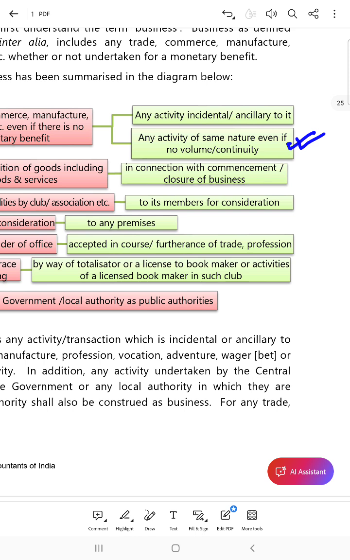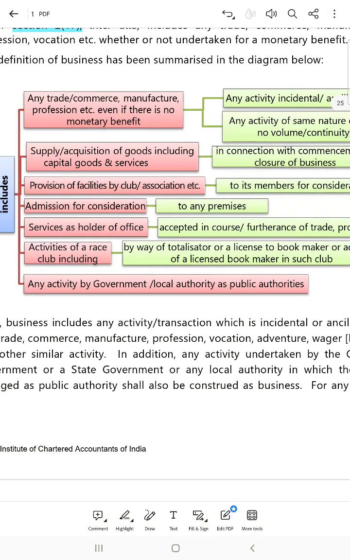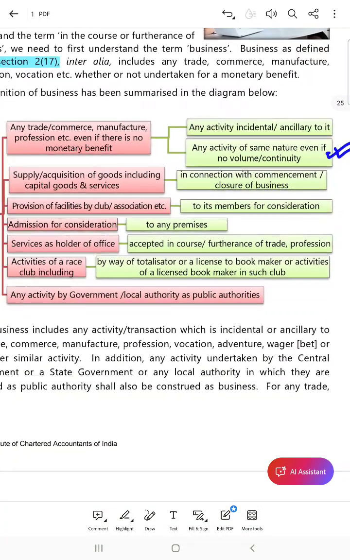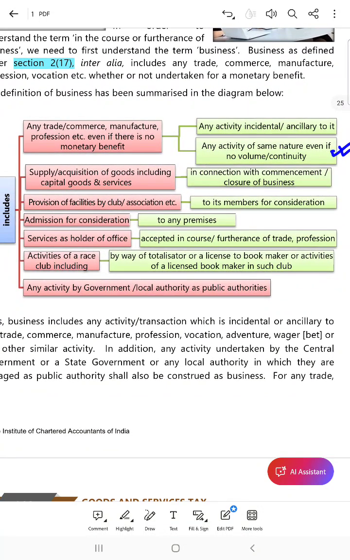There is only one painting, yet there is definitely a monetary benefit, but there is no volume, no continuity. It's also not his business; he's a teacher, not a painter. Yet it will fall under the nature of an activity. Why? Because it falls under the definition of business. So volume and continuity is not a mandatory criterion.